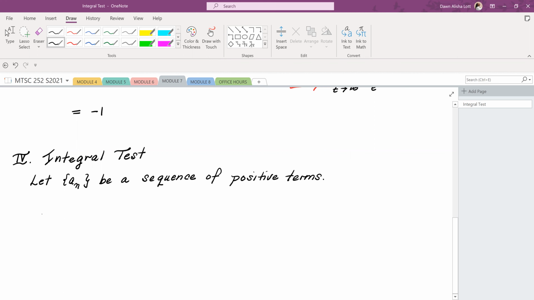Suppose that I can write a_n can be written as f of n, where f is continuous.